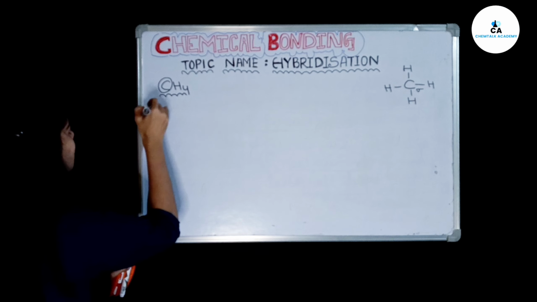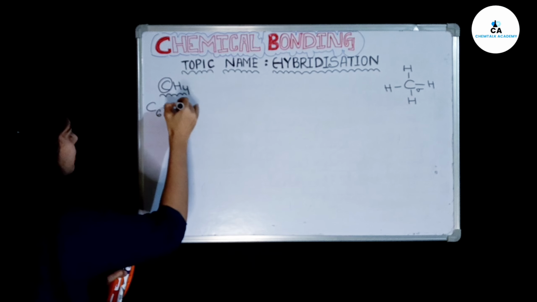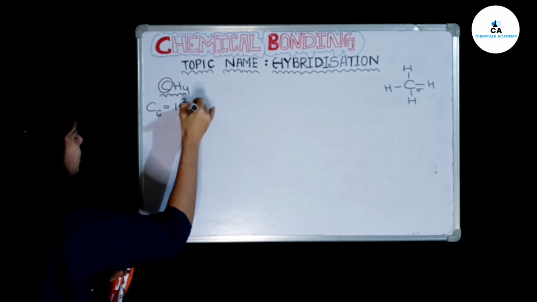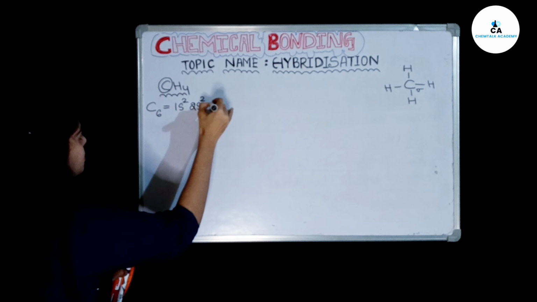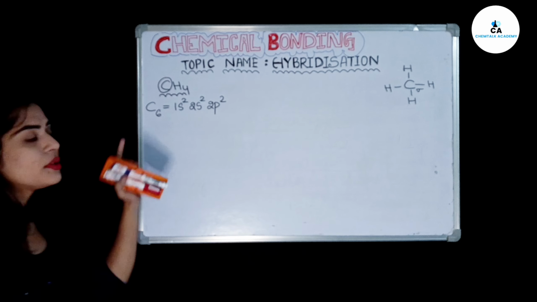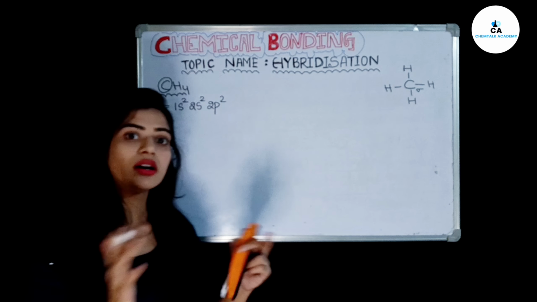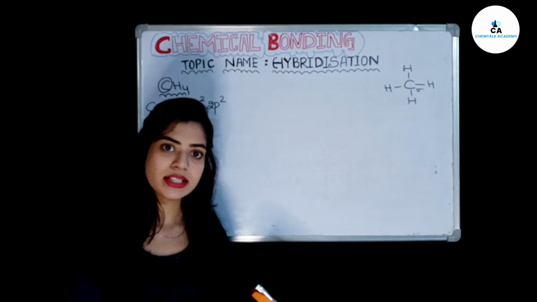Let's see, carbon with atomic number 6 has the electronic configuration 1s2, 2s2, 2p2. As I told, in valence bond theory the overlapping of half-filled orbitals takes place.